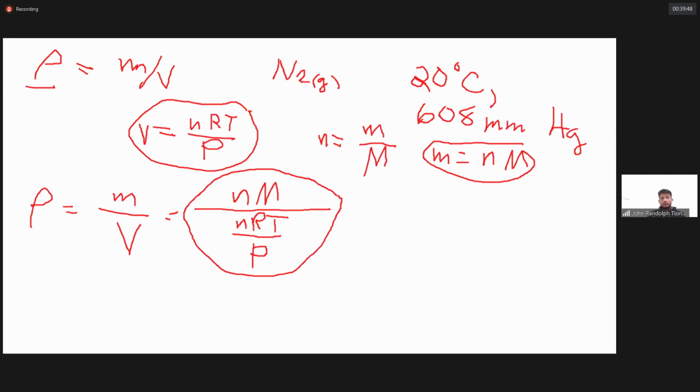Mag-cancel out ka ng unit. Tama na yung formula mo and then isolve mo na.